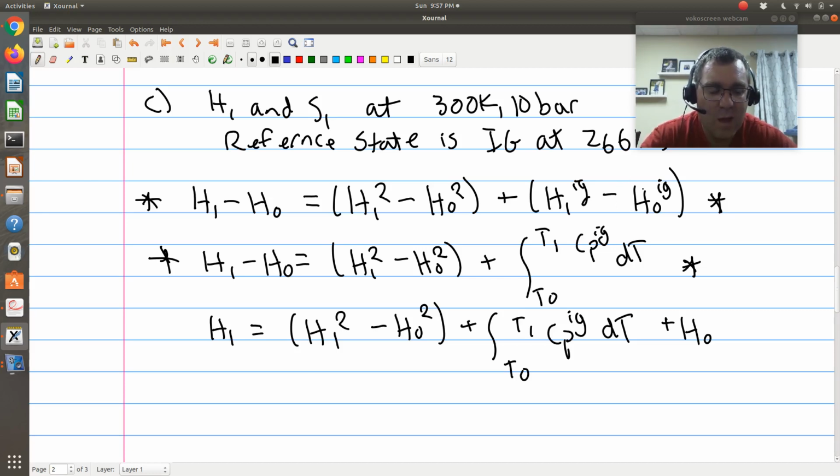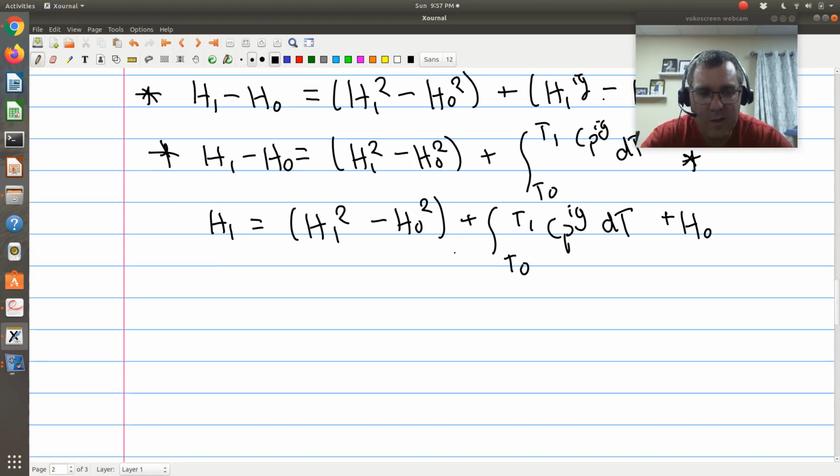Where that would be problematic is that I'm left with just H1 ideal gas on the right hand side, and what we're always interested in calculating are differences in quantities. Remember, thermodynamics is a field of calculating differences. If I just said H1 ideal gas, I wouldn't know what to do with it. And so I'd end up with the same magic trick of bringing H naught over.